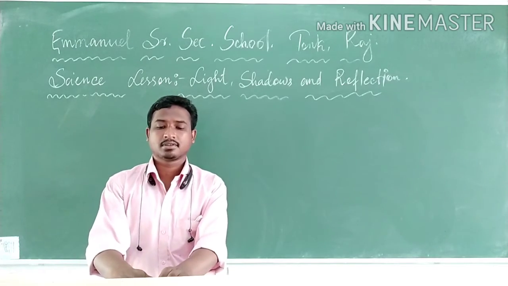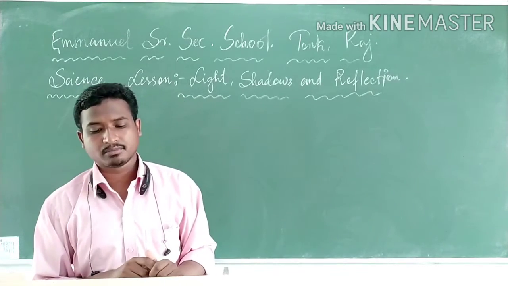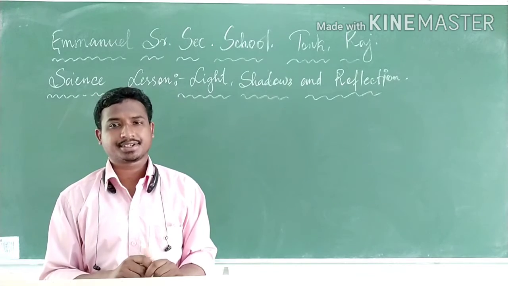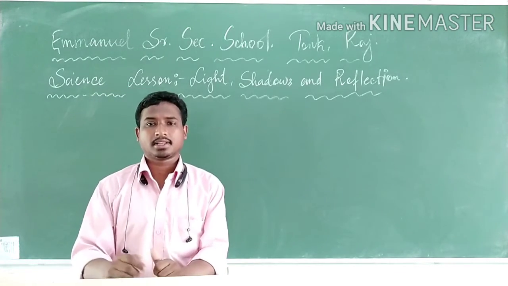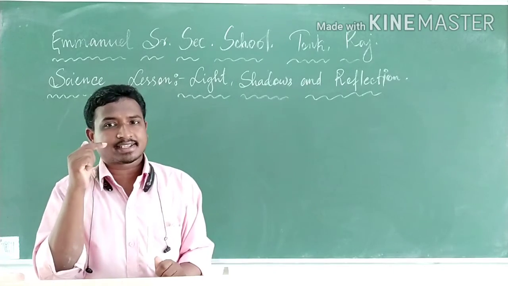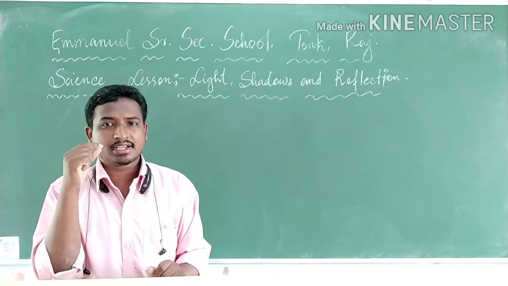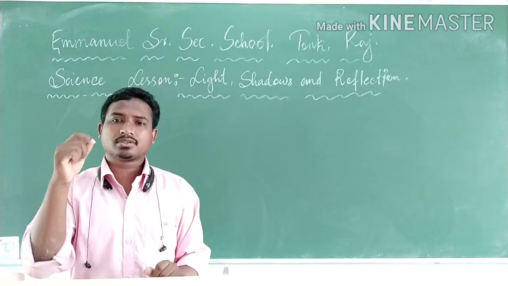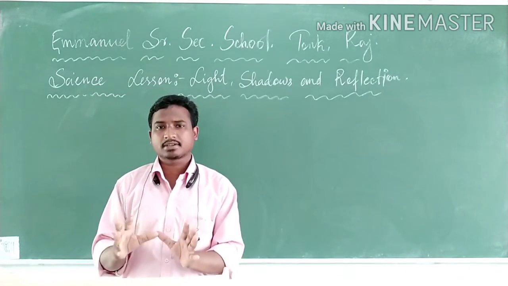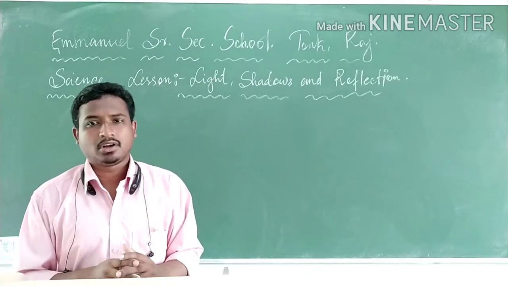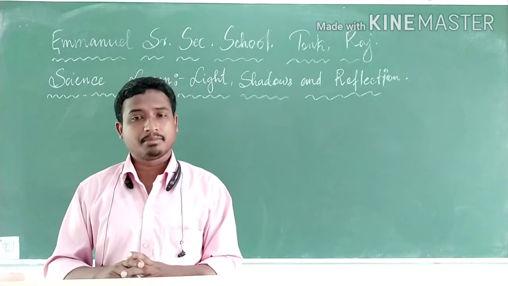That means in an opaque body, light energy cannot pass through it. In the same manner, our eyes are unable to see what is behind it. So those objects we call opaque objects or materials.